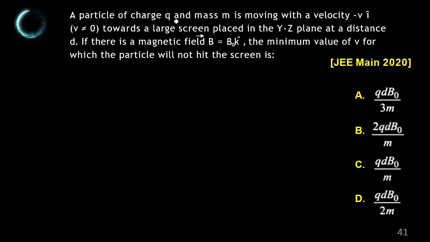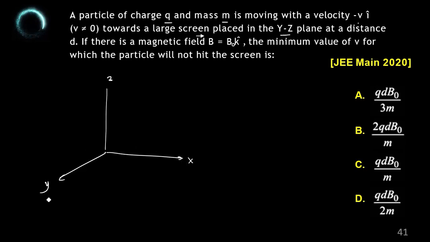Now there is a charged particle of charge Q and mass m with velocity V, and a large screen placed in the YZ plane. This is the Z axis, this is the Y axis, and this is the X axis.